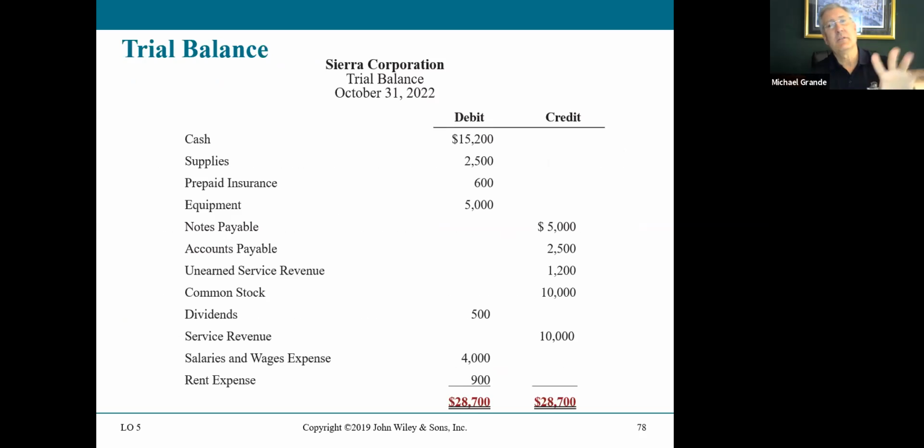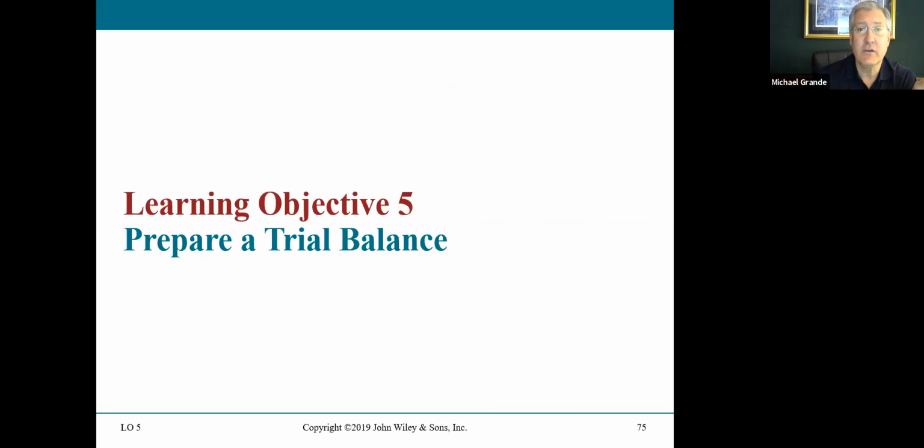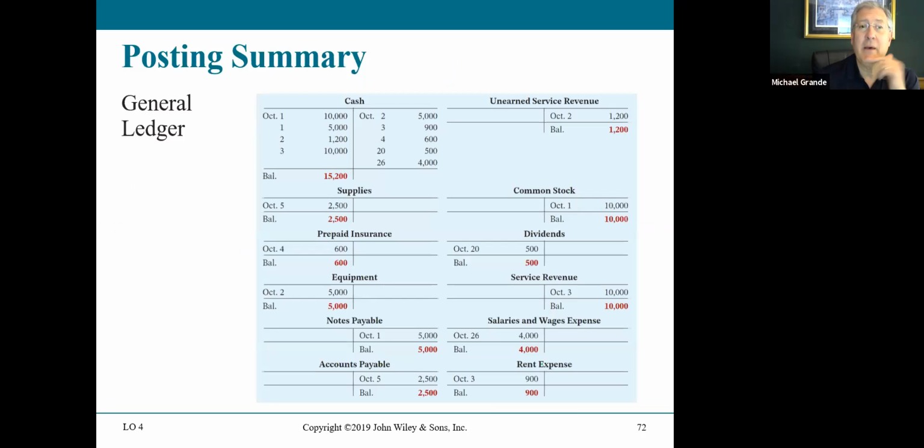This is the trial balance for Sierra Corporation. All they did here is took all those T accounts and transferred the net balance into this account. For example, let's look at cash. Cash, a debit balance of 15.2. I'm going to go back to the screen where we had the posting. See the T accounts?